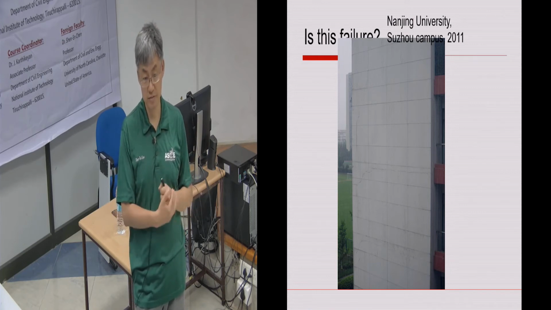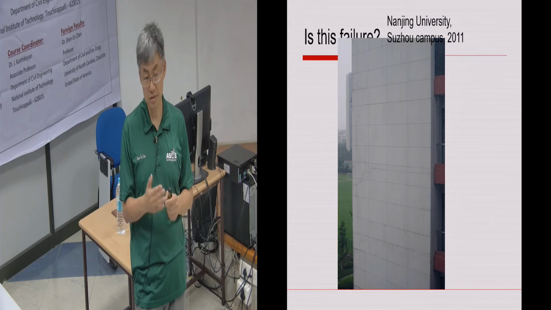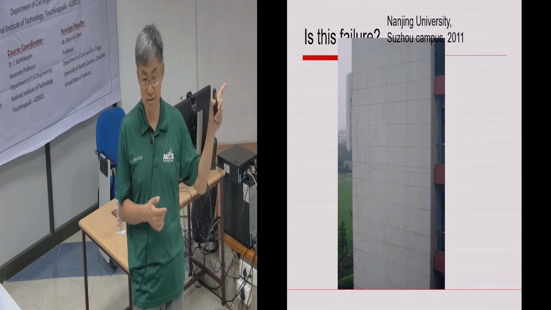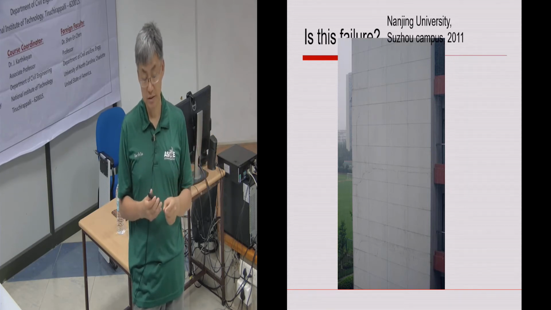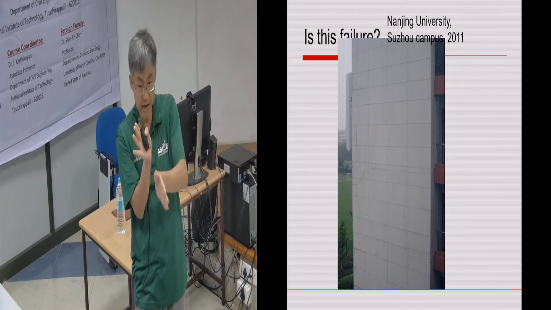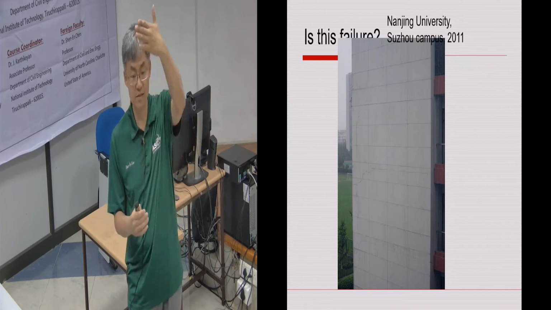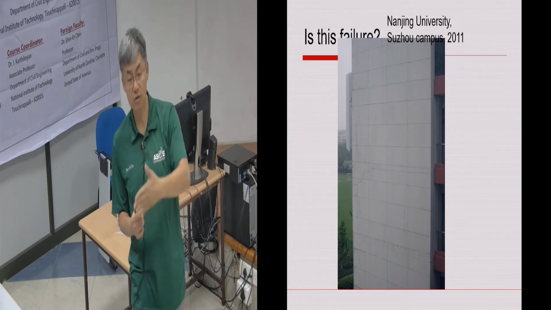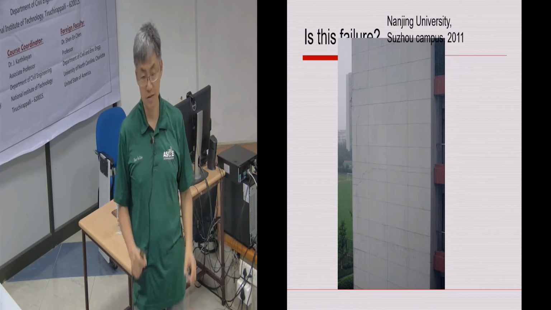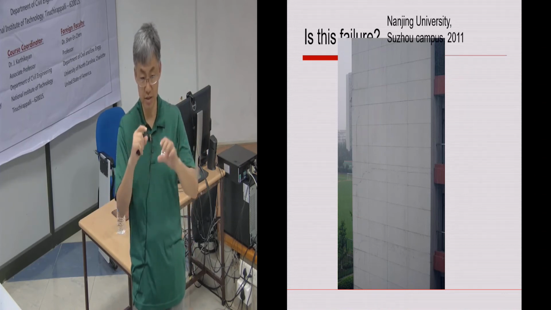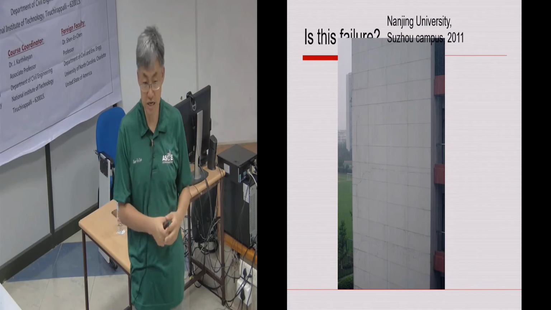What do you think? In America we see less of this kind of failure, because all the concrete is cast in one uniform pour, and if you were to build a building with bricks, then they may be laid at different times.